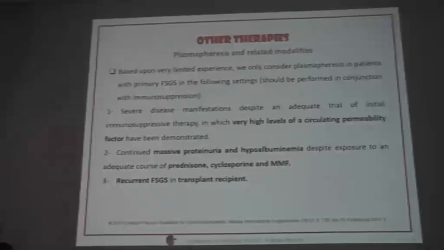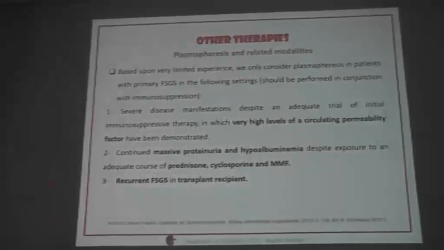According to KDIGO, they consider plasmapheresis in patients with primary focal segmental glomerulosclerosis in the following conditions: patients with severe disease manifestation despite an adequate trial of initial immunosuppressive medication, in which a very high level of circulating permeability factors is present; patients with continued massive, as I mentioned earlier, malignant proteinuria of more than 10 or 14 grams per day, or suffering severe hypoalbuminemia despite exposure to an adequate course of prednisolone, cyclosporine or MMF.